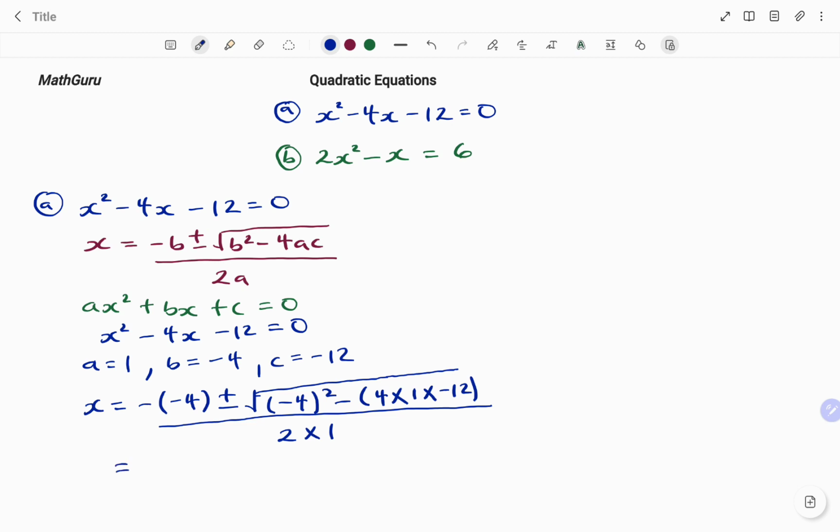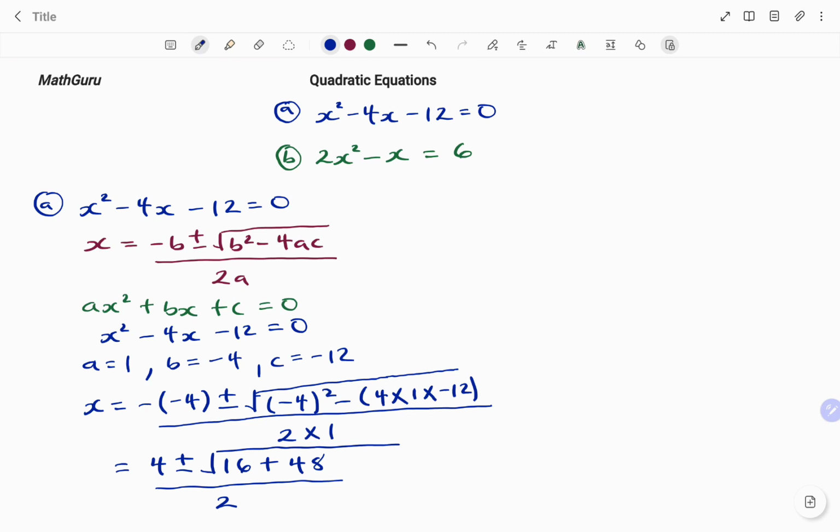Simplifying further, negative times negative is positive, so x becomes 4 plus or minus the square root of negative 4 all squared, that's 16, plus 4 times 12, that's 48, all divided by 2 times 1.